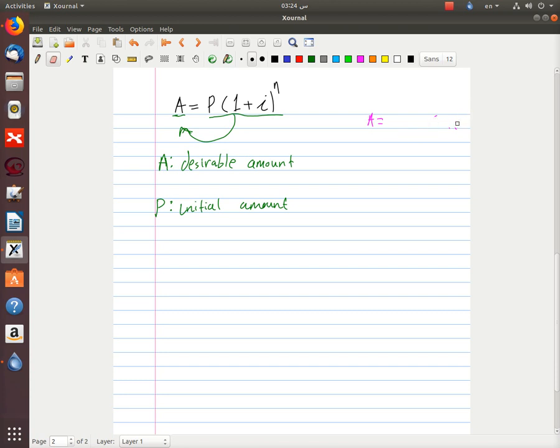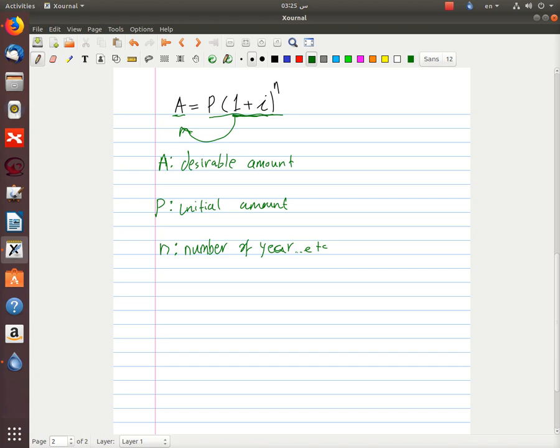Then you're going to have this bracket, which I will explain later. Then you have N. N is sometimes the number of years, or the number of something according to the wording problem: number of years, days, centuries, half-lives, or anything.